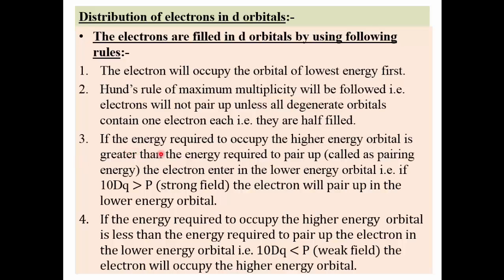Next rule, if the energy required to occupy the higher energy orbital is greater than the energy required to pair up, which is called pairing energy, the electron enters the lower energy orbital. That is, if 10 Dq is greater than P, that means the ligand field is strong, the electron will pair up in the lower energy orbital.